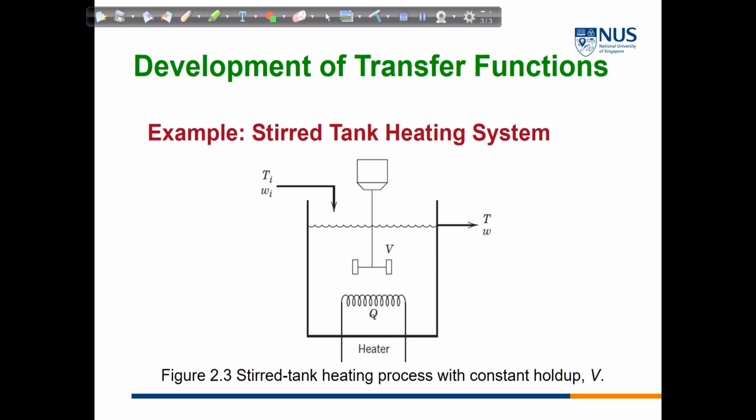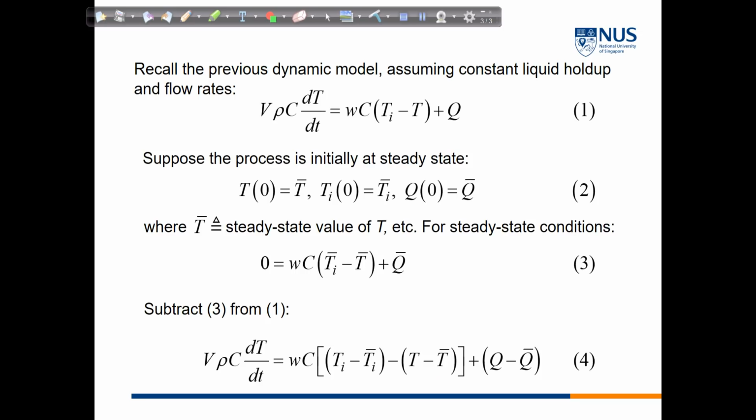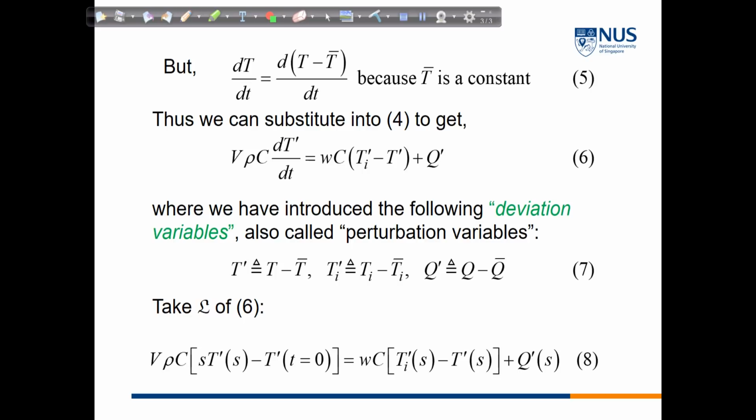This example is the same as we discussed in the tutorial, the stirred tank heating system. So you can see the equation procedures as we discussed earlier. There was a typo in the original slide. So this equation 8 here should be a plus, because we define the new deviation variables, but Q prime follows here. Recall that we take the Laplace transform of the energy balance format here.